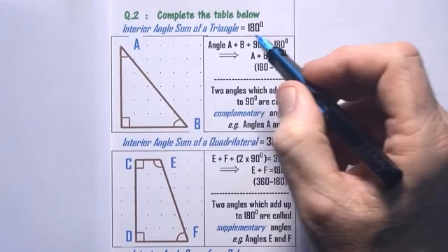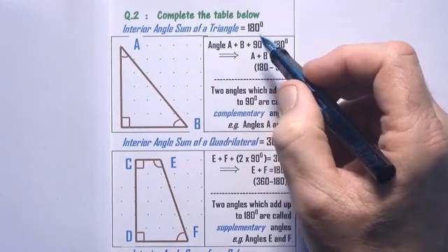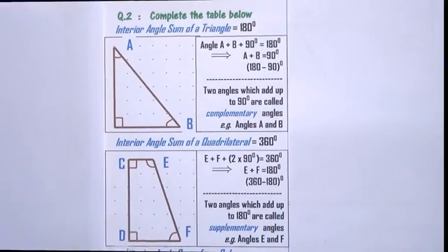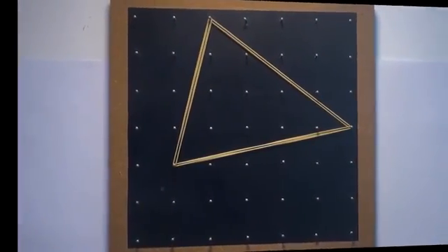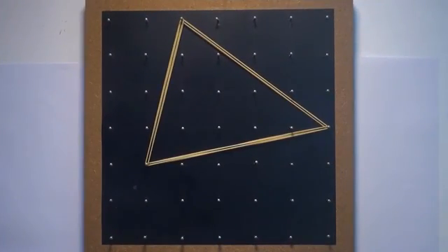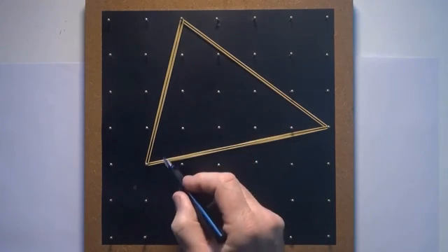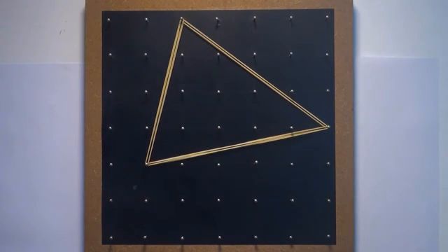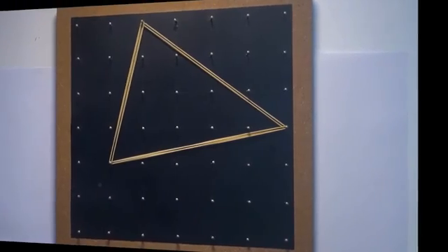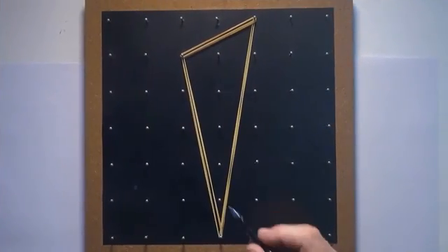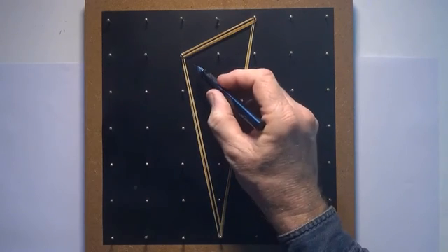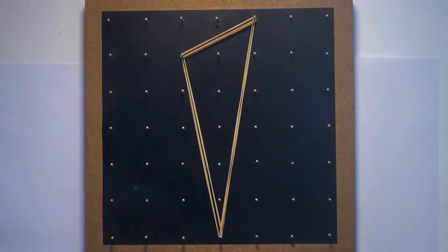Now in a triangle, the sum is 180 degrees. In this triangle, this angle plus this angle plus this angle equals 180 degrees. In this triangle, this angle plus this angle plus this angle equals 180 degrees.